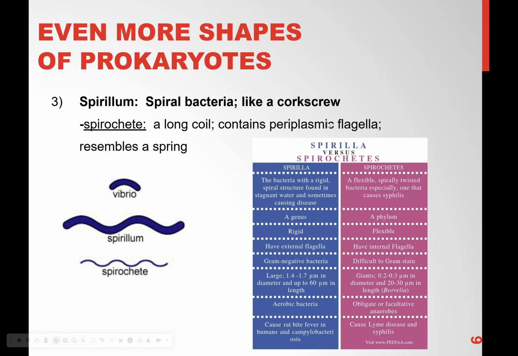It's very interesting, and it resembles a spring. We talked about our bacilli that can form a comma, that's our Vibrio. Then you've got your spirillums, this long coil, and your spirochetes, which are a little thinner. Then we've got some comparisons here between spirilla and spirochetes, which you are welcome to read through. I'm not going to go through it because it's right there for you.